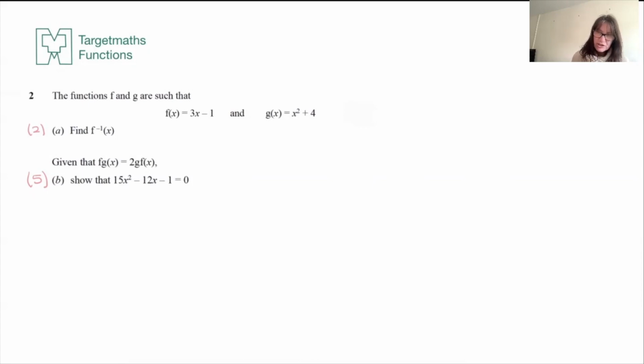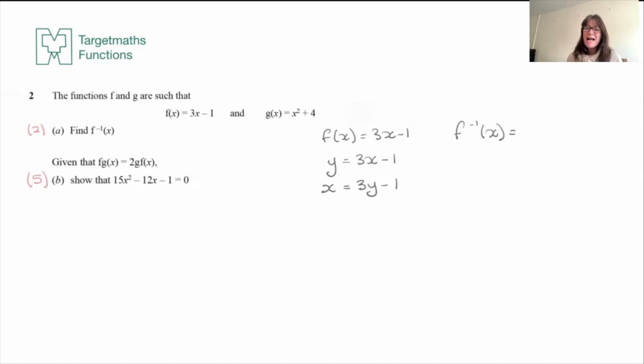And this is how we're going to do our inverse functions. So we're doing f of x equals 3x minus 1. And we want to find the inverse. Okay. What we're going to do is set the f of x to y. That's normal for us to see. We're then going to swap the variables. If we swap the variables and then rearrange to get y back on its own, that rearrangement is going to create the inverse.